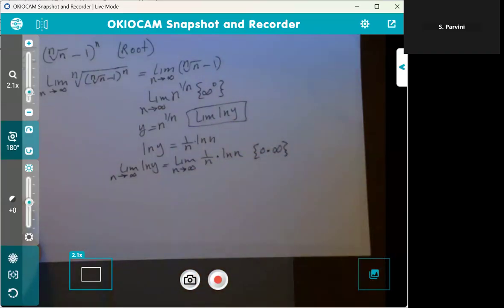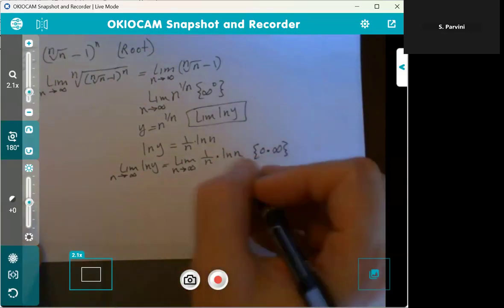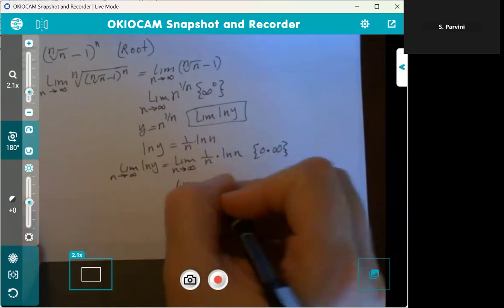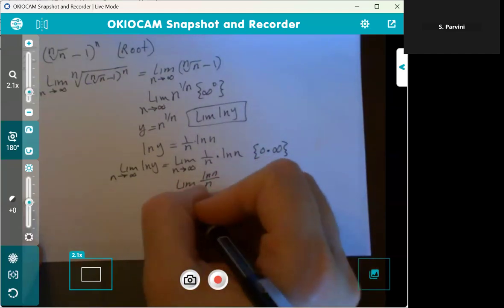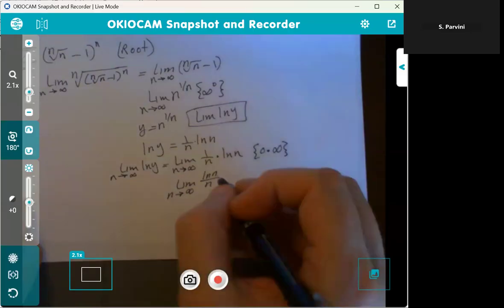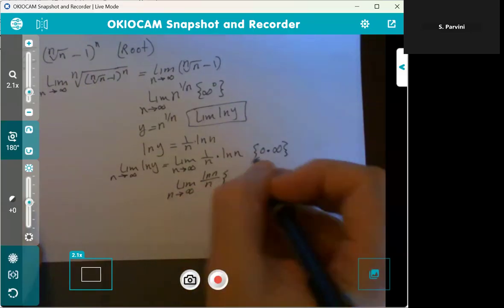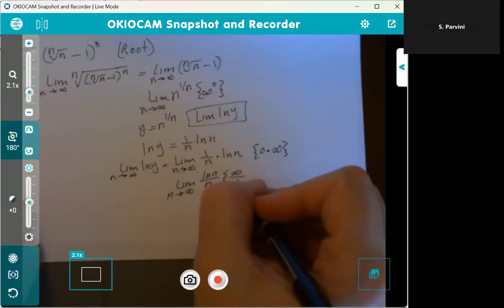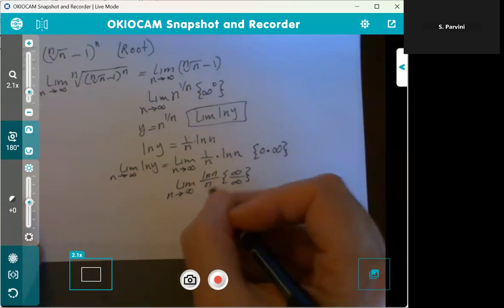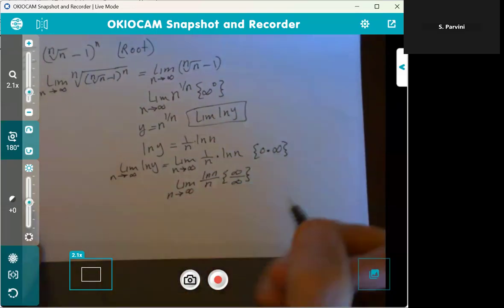So now we have the indeterminate form 0 times infinity. We can rewrite this as the limit of the natural log of n over n as n goes to infinity. Now we have the indeterminate form infinity over infinity, and we can apply L'Hospital's rule.